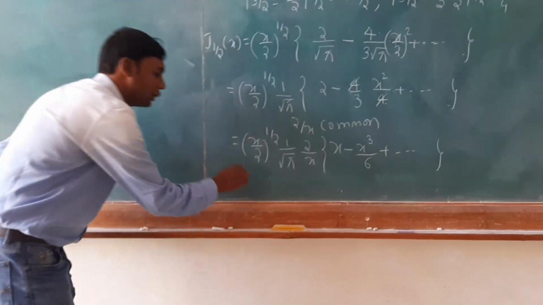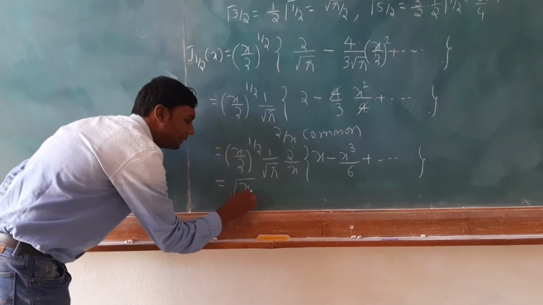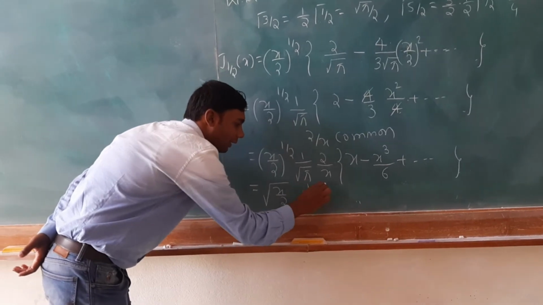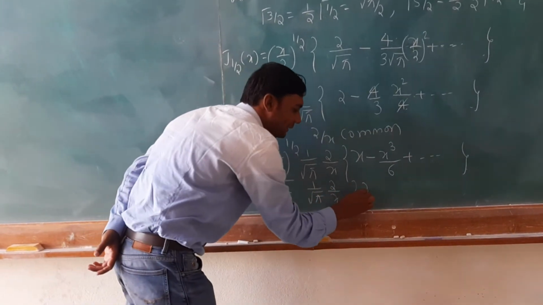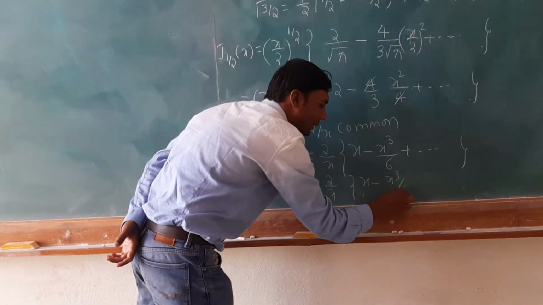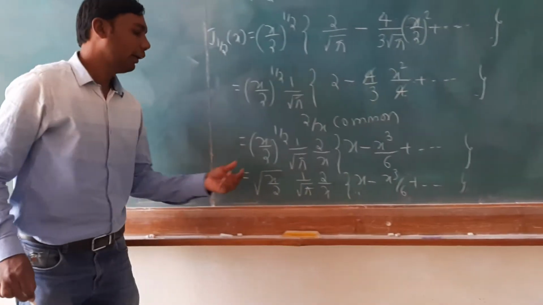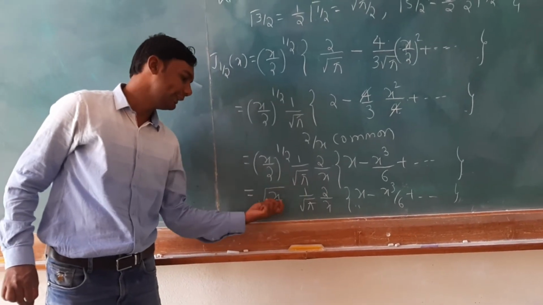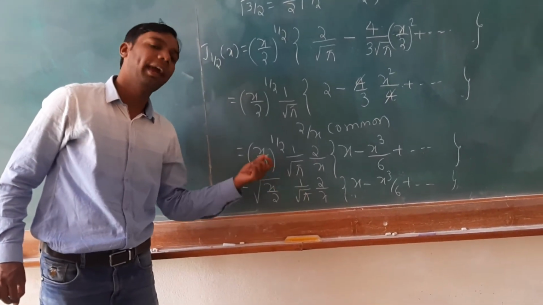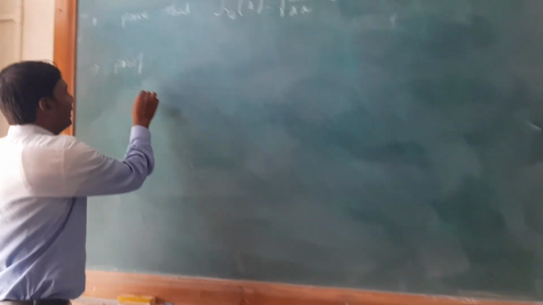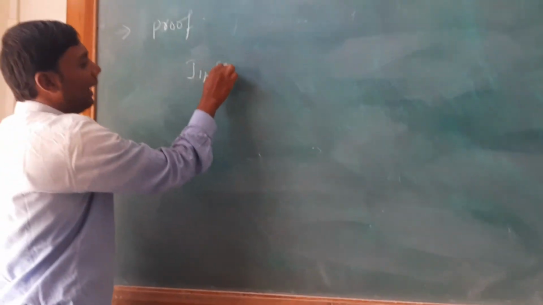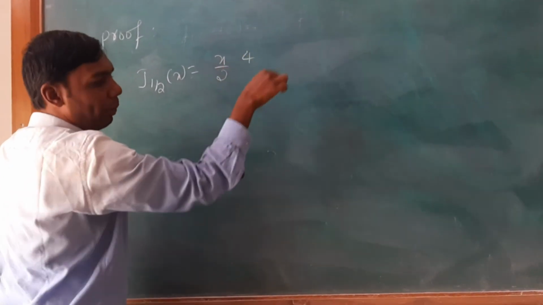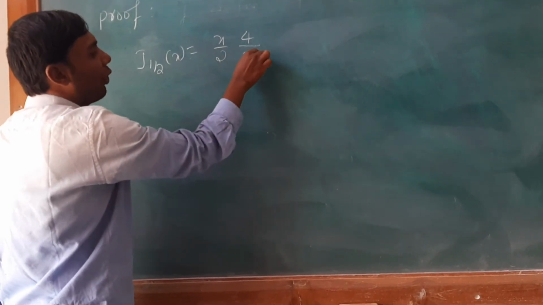Next simplify this. It can be written as root of x by 2 into 1 divided by root pi, then 2 by x, then the series as it is, x minus x cube by 6 plus so on. Then if you take 2 by x inside the square root, it becomes 4 by x square.